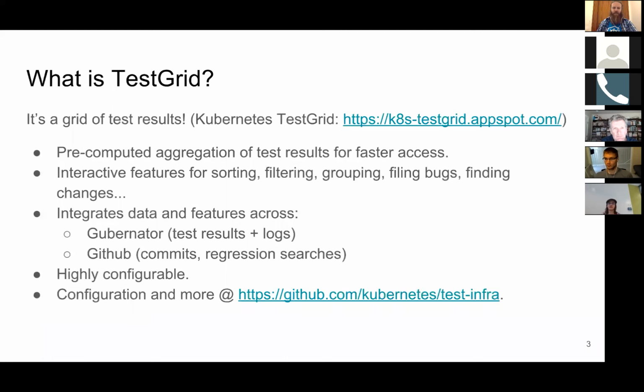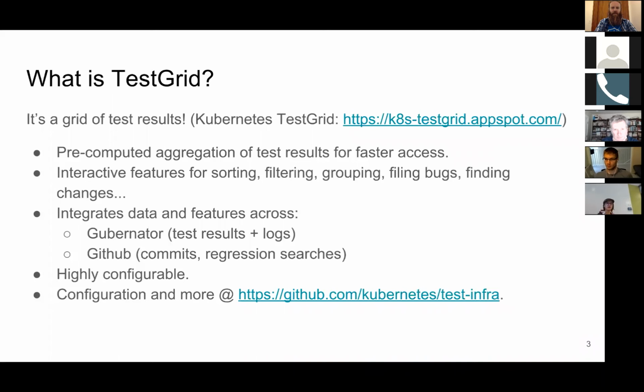We currently have an instance for a bunch of the Kubernetes tests, which exists at k8s-testgrid. TestGrid's main features are that the state is written such that everything is pre-computed and easy and fast to access. There are features to sort, filter, and otherwise change the state for analyzing how test results have popped up.